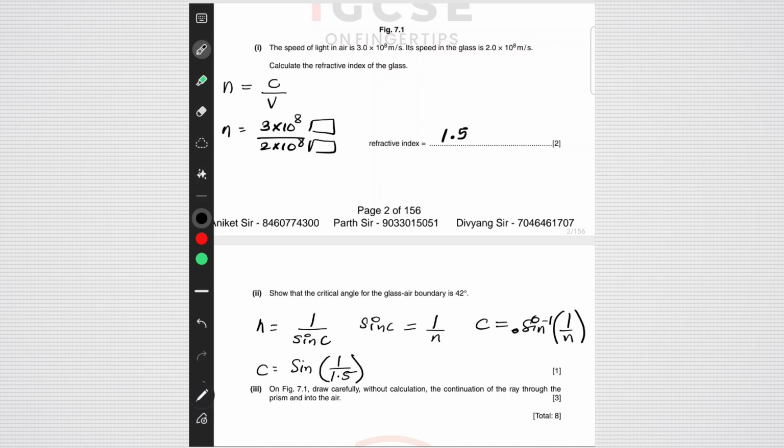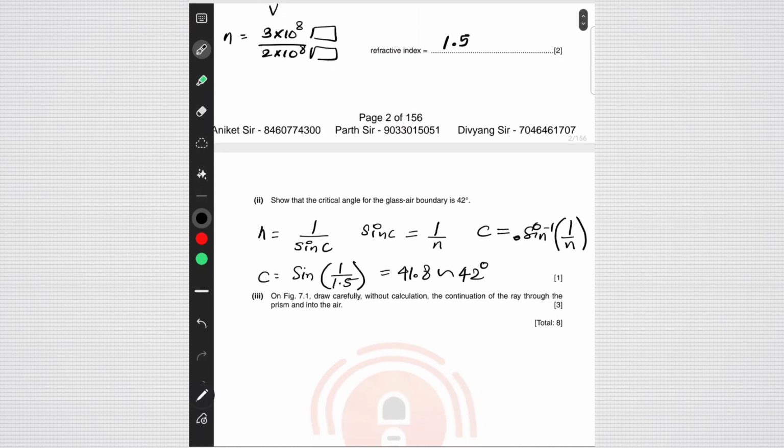Right? A lot of times a lot of kids forget to make c properly the subject of formula and get a math error. Here this is 41.8, which is almost equal to 42 degree.